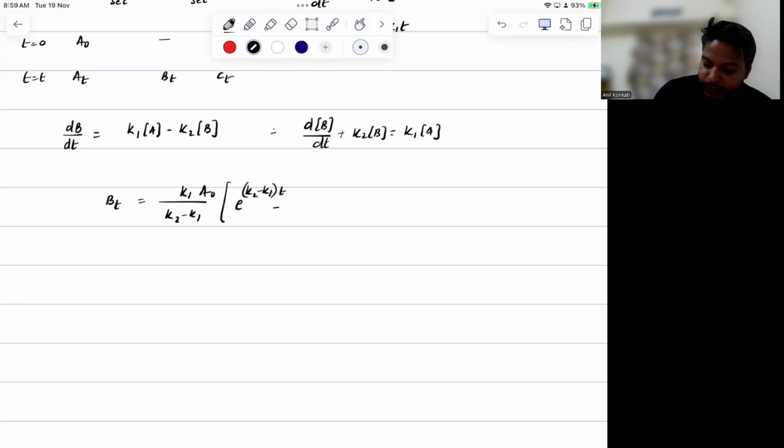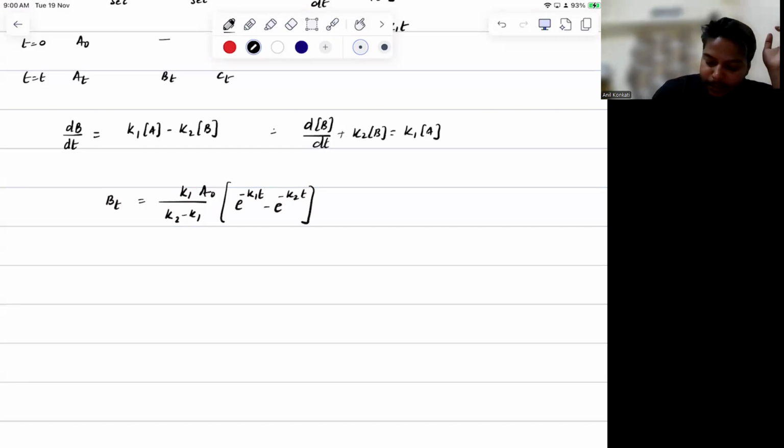And sorry, this will be minus 1 only. Let me write the final equation: e raised to power of minus K1 into t minus e raised to power of minus K2 into t. This is the final equation which you will get as Bt.